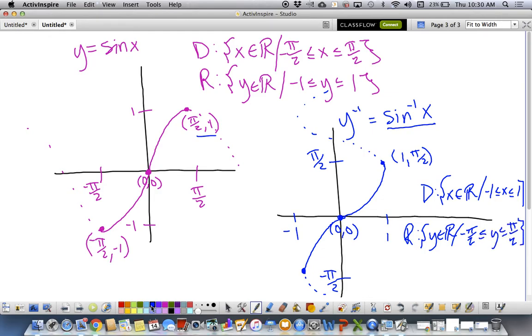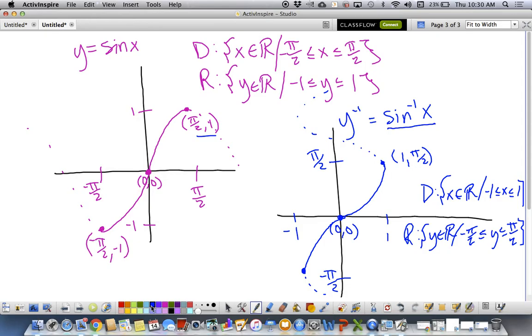So you don't continue it? You stop entirely? Yes, because if you look back at your sine function, is that a one-to-one function? No. Does it pass the vertical line test? Yes. Does it pass the horizontal line test? No, because it curves back there. So you have to stop.